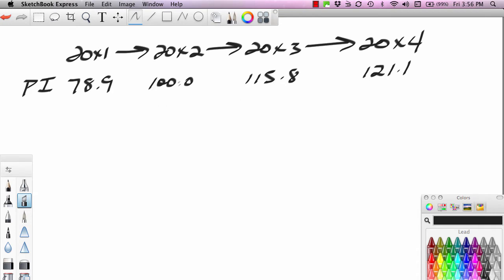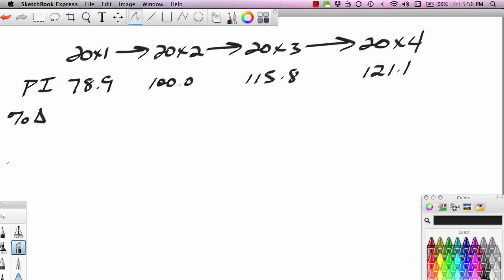Now we want to use this data to calculate an inflation rate. How do you do that? What you're going to do is take the percentage change. This is percentage sign delta. Delta means change in. It's a Greek symbol for change in. So we're going to take the percentage change in the price index. Okay?